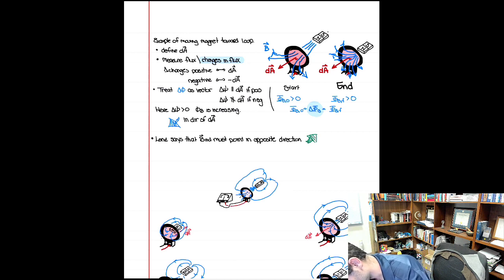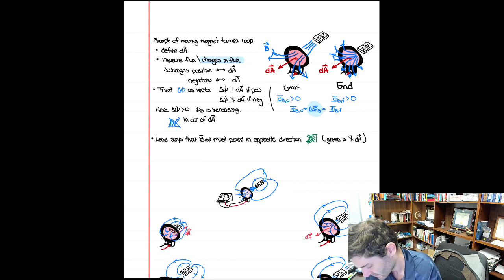So in this case, since the blue was parallel to dA, the green is anti-parallel to dA. And then I'm going to find the current that will allow me to counteract this field.